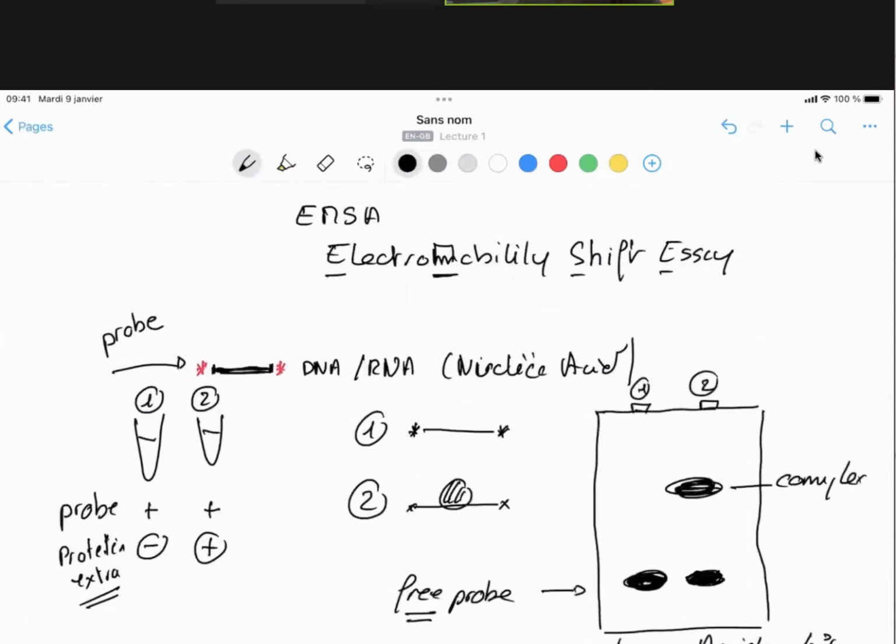that is bigger. So the migration occurs in that direction. The smaller molecules are at the bottom, and complexes on the top. Okay? So we call this the electromobility shift, because there is a shift in the mobility because of the presence of the protein. Do you understand the concept of this?